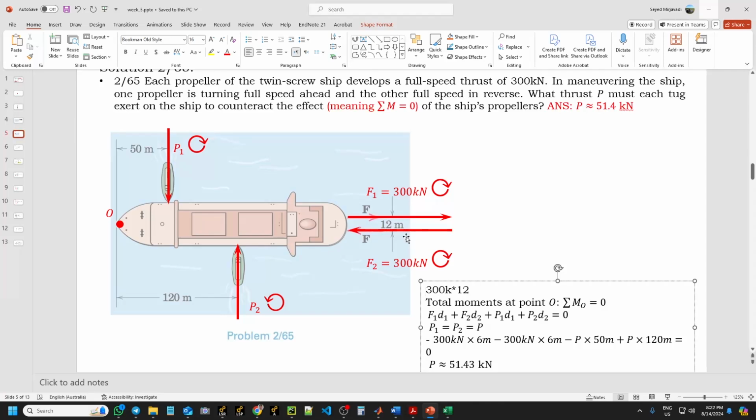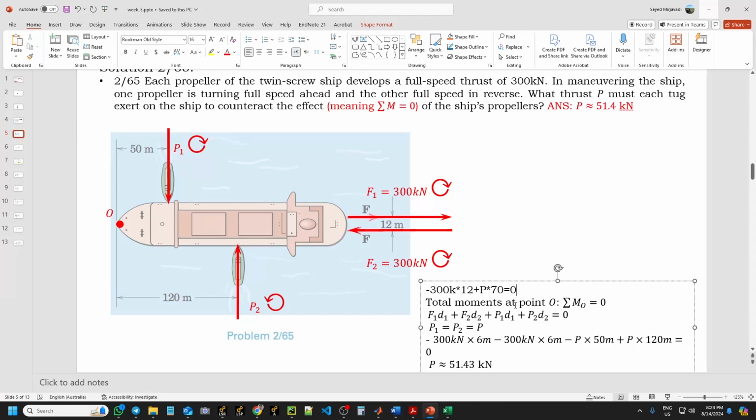It is clockwise, so I will add a negative, and these two are counterclockwise. So I will put P times the distance between the lines of action of these two forces, 70, is equal to 0.